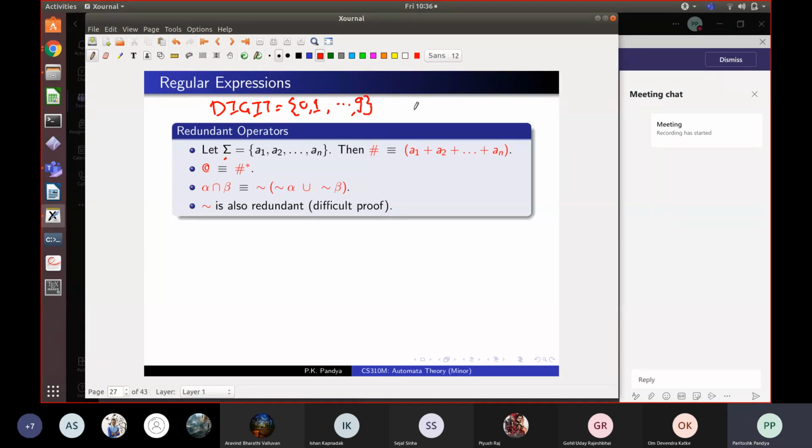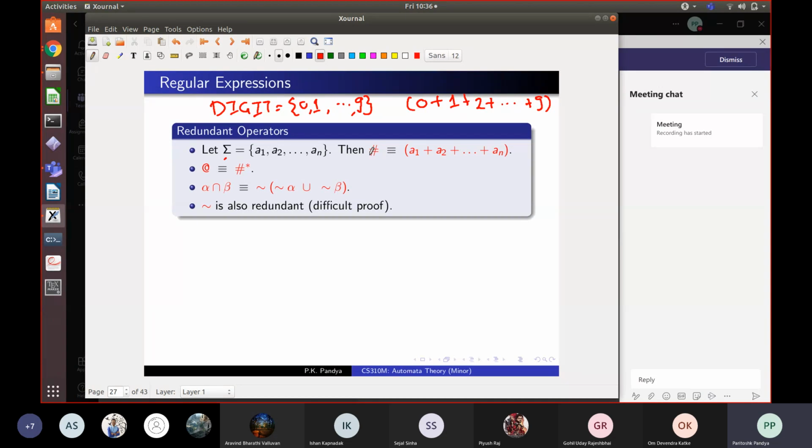And hash I can then write as A1 plus A2 plus up to AN. That is, I can write this digit equivalently as the following expression: 0 plus 1 plus up to 9. Don't confuse this plus with arithmetic plus. This is our plus in the expression language. This will exactly give us this set digit, right?